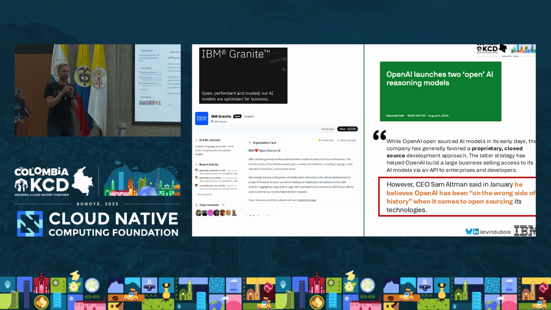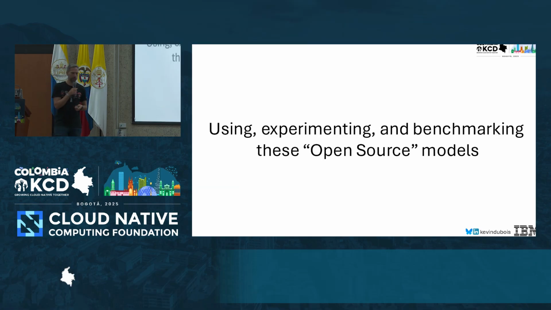But we've seen that they released some new models that are at least more open source. And the CEO, Sam Altman, said recently that he believes OpenAI has been on the wrong side of history when it comes to open sourcing. So we see that these bigger organizations are moving more and more towards open source, because it's the same evolution that we've seen with cloud native computing, right?